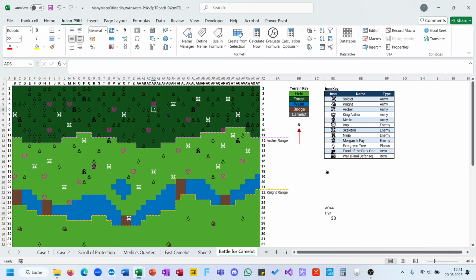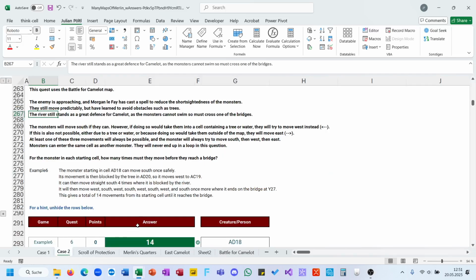So this monster, oh no, this monster, skeleton 1. Oh boy.